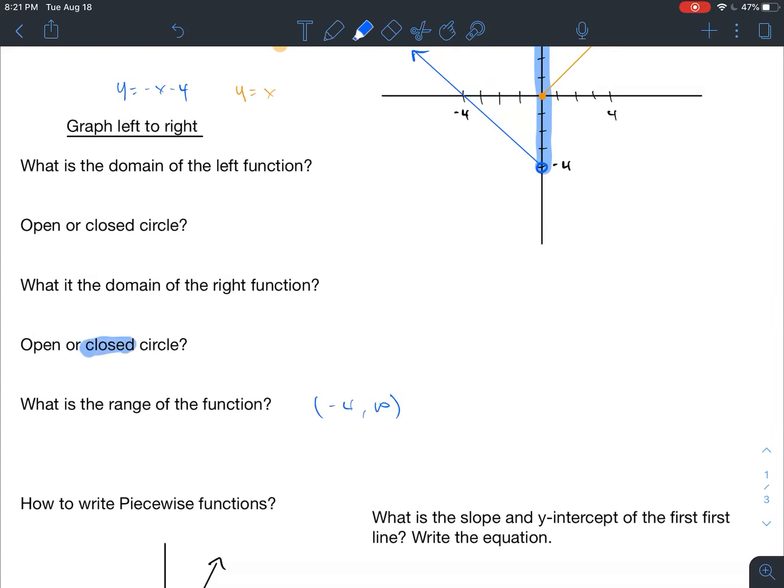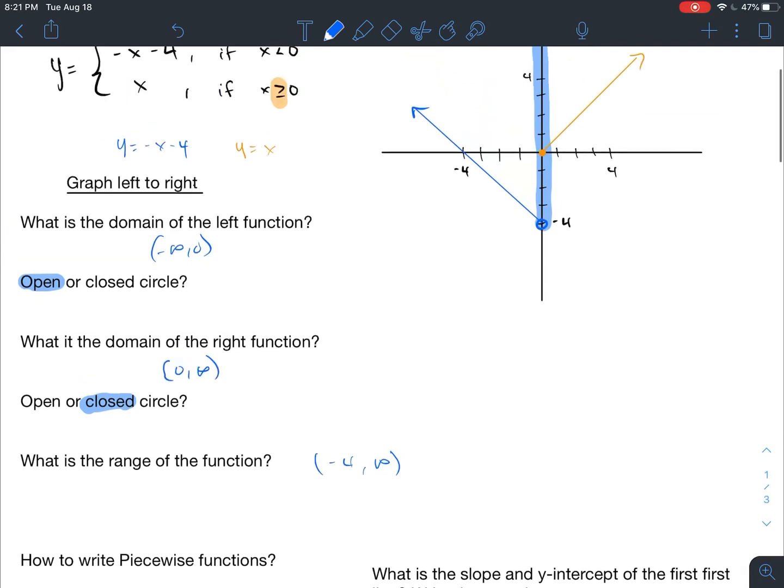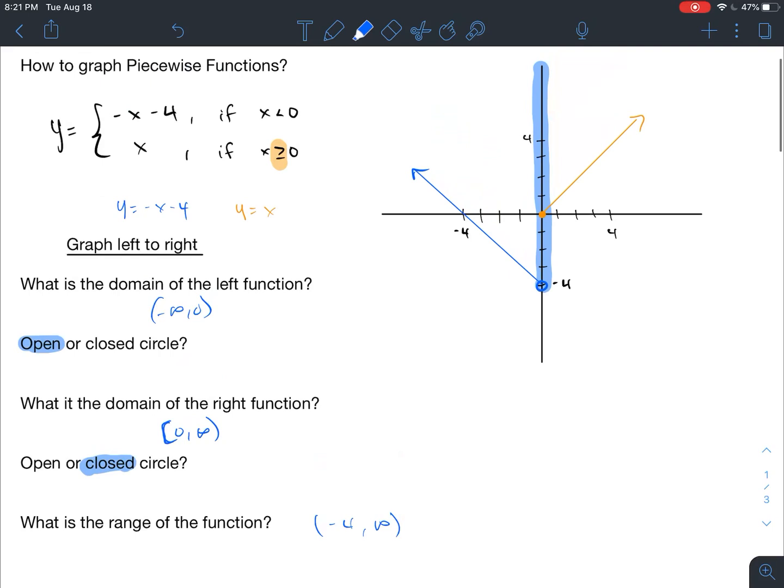We had closed, and this one was open. And this one was -infinity to 0. This one was 0 to infinity. And this one is a bracket right here because the domain on the right, the right function that existed for the positive numbers, was closed right there, so we have a bracket.